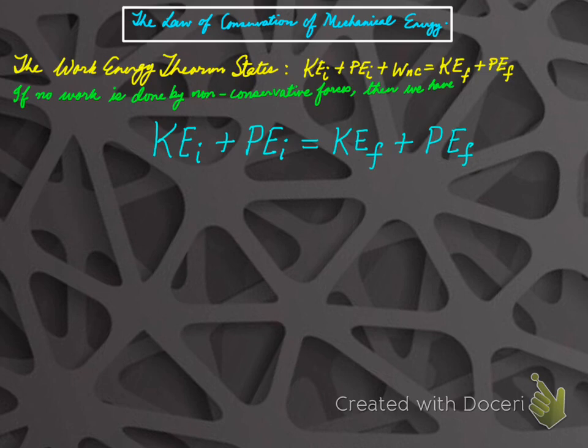So it's quite possible that the kinetic energy will increase, but any time the kinetic energy increases and there is no work done by non-conservative forces, it must mean that the potential energy decreases, so that the change in kinetic energy is balanced by an opposite change in potential energy. So the changes balance each other so that the sum stays constant.